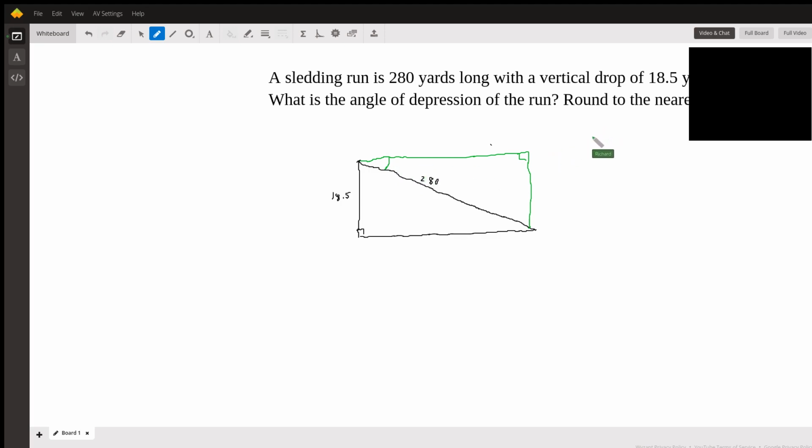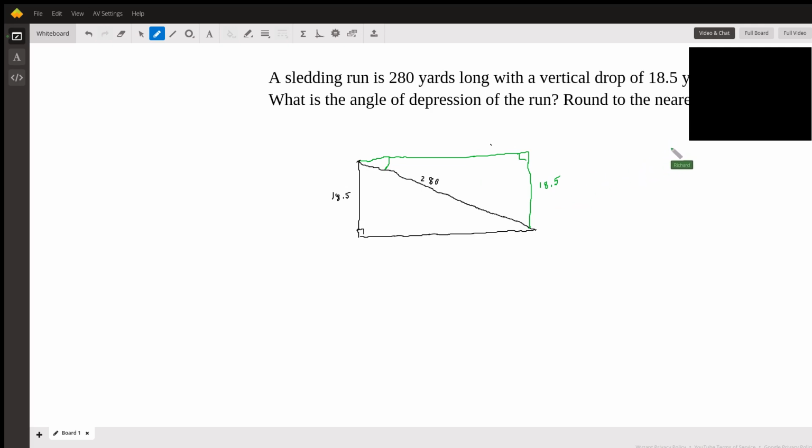And if you remember, well, you're taking geometry, so you would remember that alternate interior angles of parallel lines are congruent, so you could use this angle here as well. But I'm just being a little picky here and using this green angle. And I can copy this 18.5 here.